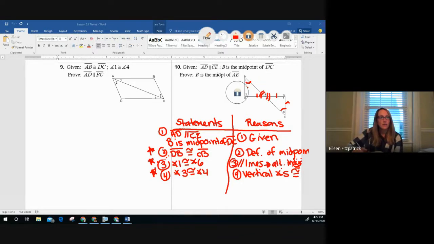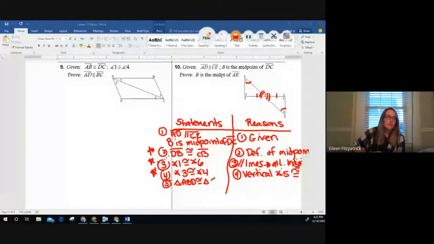Erase those arrows so they don't confuse you with tick marks. They're congruent by angle, angle, side. So I can say that triangle ABC is congruent to triangle EBC by angle, angle, side. Once the triangles are congruent, that means all the pieces are congruent.